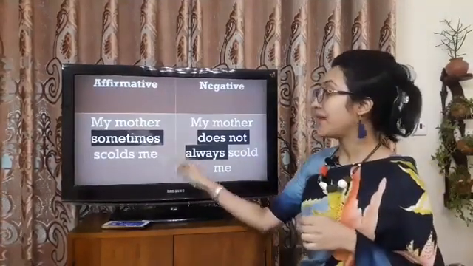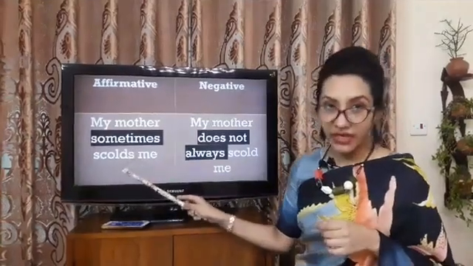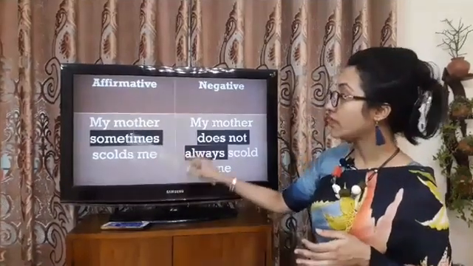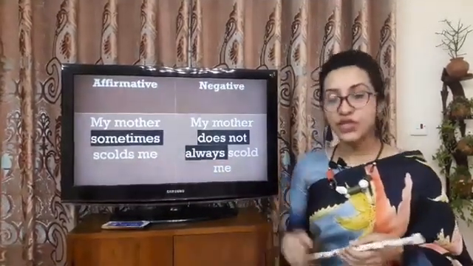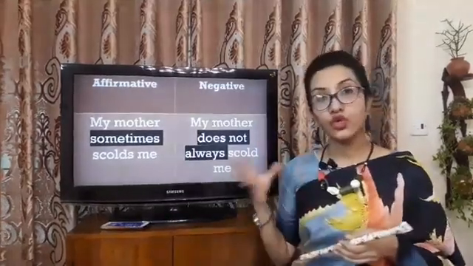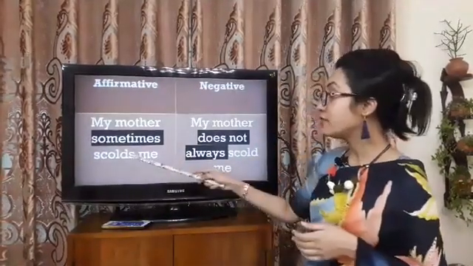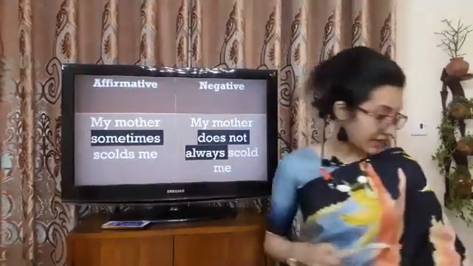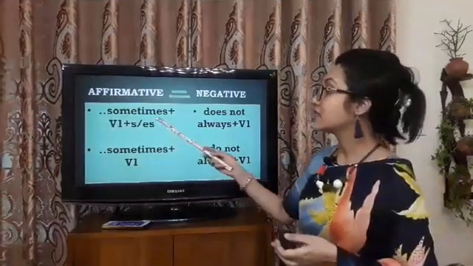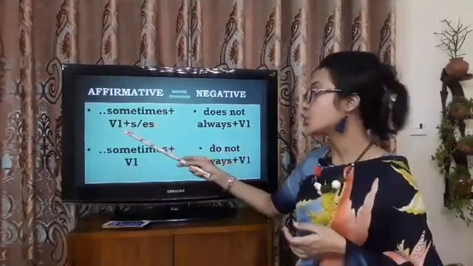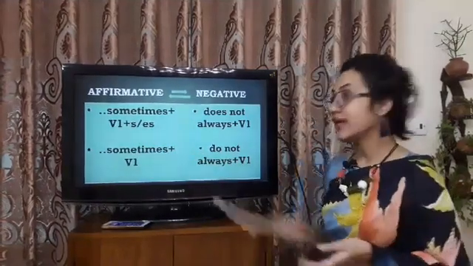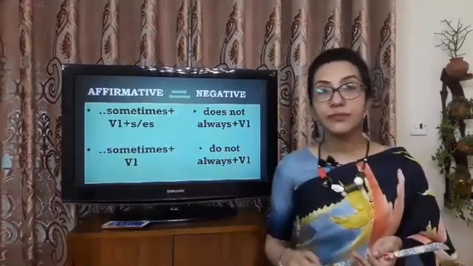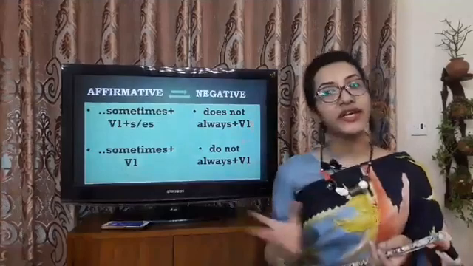এখন এখানে যদি parents হতো তাহলে এটা তো scold হয়ে যেত, right? So এখানে তখন আমরা কি লিখতাম, we are going to write do not. So it completely depends on the sentence. কোন টেন্সে আছে, কোন নাম্বার, কোন জেন্ডার ইউজ করা হচ্ছে, ভার্বের সাথে এস বা ইএস আছে কিনা, it completely depends on that. So what's the rule? Let's see. The rule is if you have sometimes in an affirmative sentence, যদি ভার্বের সাথে এস বা ইএস থাকে, in negative we are going to write does not always and then the base form of the verb. তার মানে যেহেতু does ইউজ করে দিয়েছি ভার্বের সাথে, তখন আর এস বা ইএস থাকছে না.